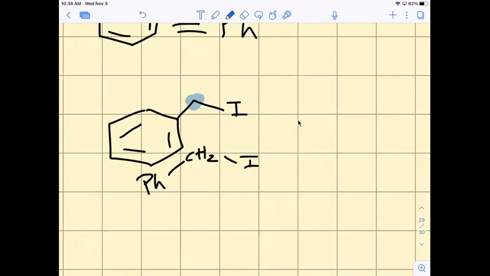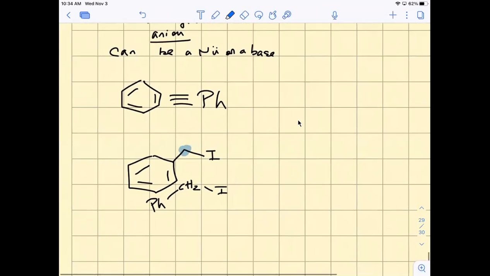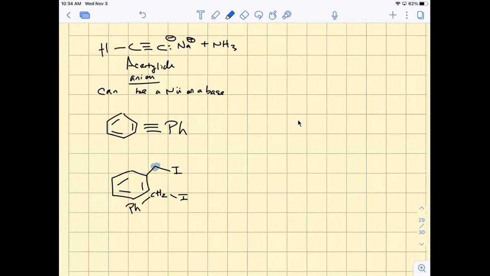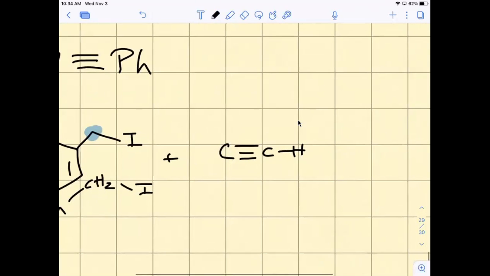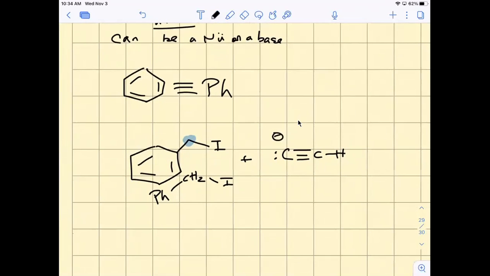Everybody agree with that? That's a CH2? Yes. All right, so I'm going to take that and react it with my acetylide. So it's this, plus this. Actually, let me turn it around to make it easier to see. And then my sodium is still hanging out here.